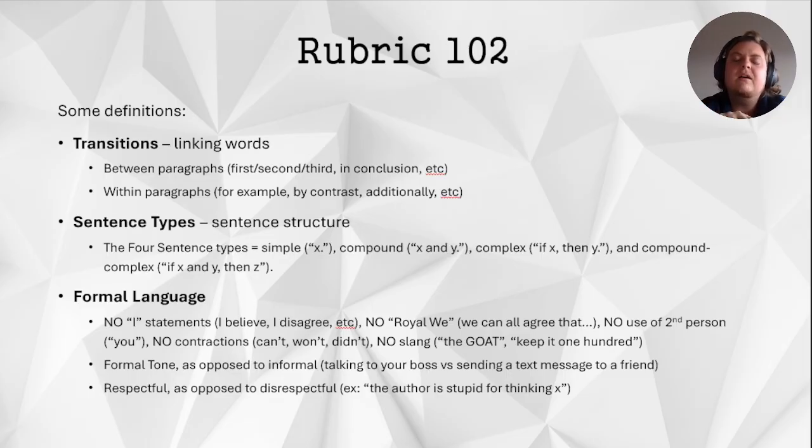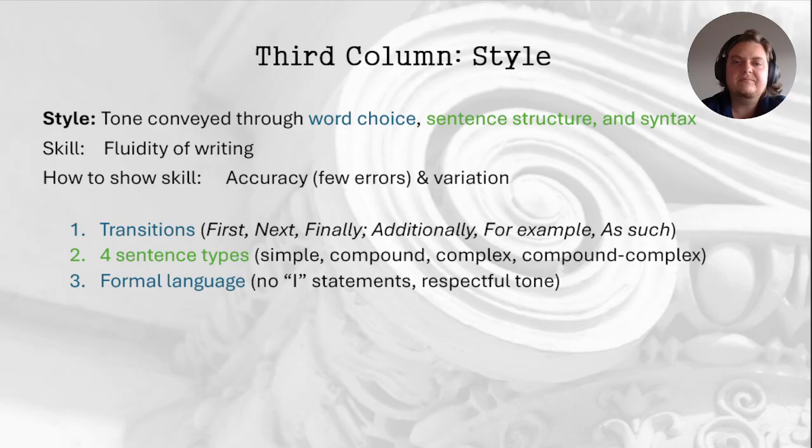So part of maintaining this formal tone as opposed to an informal tone is using respectful as opposed to disrespectful language. So imagine talking to your boss as opposed to crafting a text message or writing a note on a piece of paper or something. So we're trying to be respectful as well as formal in these essays.